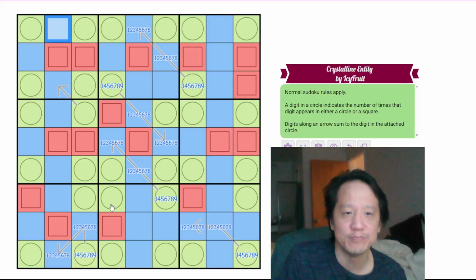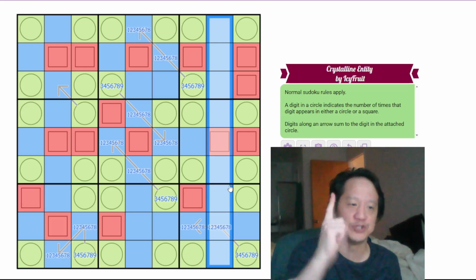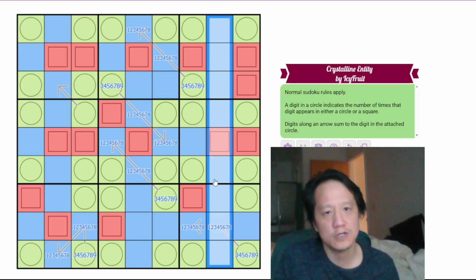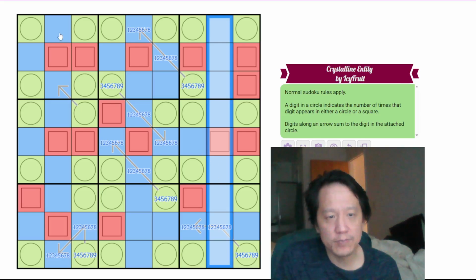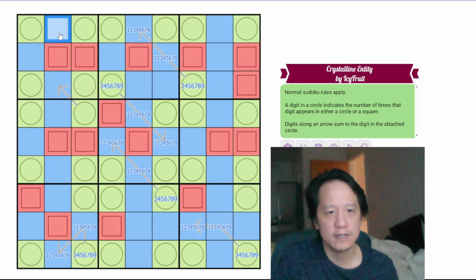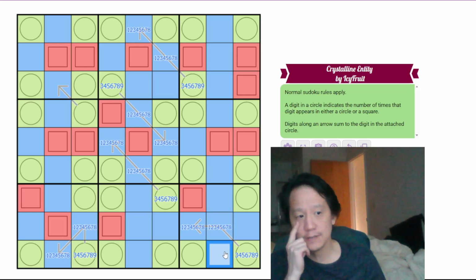It has to be in columns 2, 5, and 8 at least. There could be more, but we don't know. But whatever's missing cannot be in the circles. So it must be in rows 1, 6, and 9. It has to be in columns 2, 5, and 8.